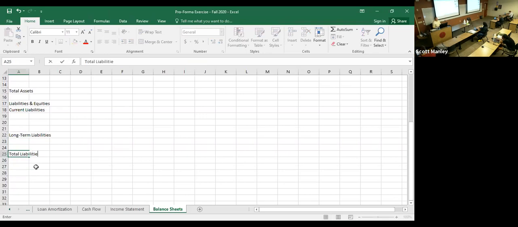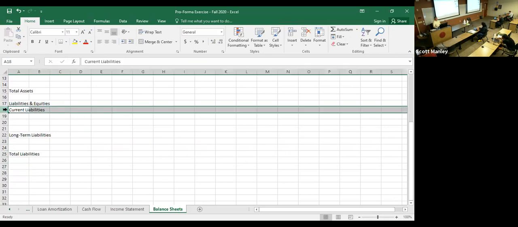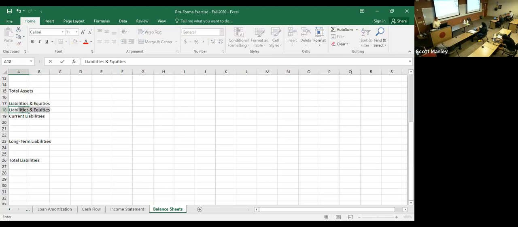And by the way, I'll just put this in here. I'm inserting a row. The bigger heading is liabilities and equities. The heading underneath that is simply liabilities. And then I have another heading here that says equity accounts.